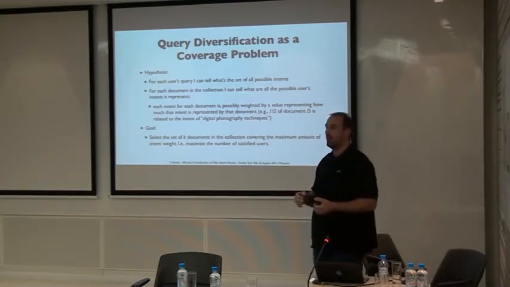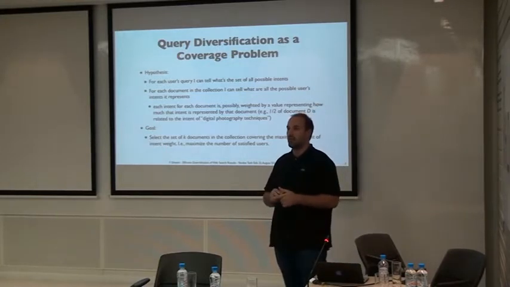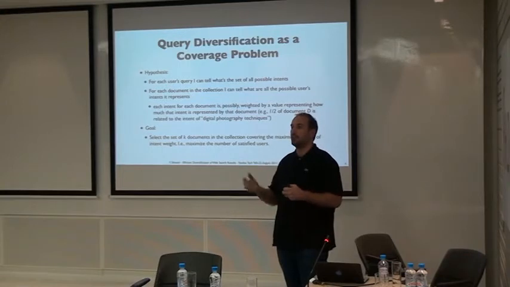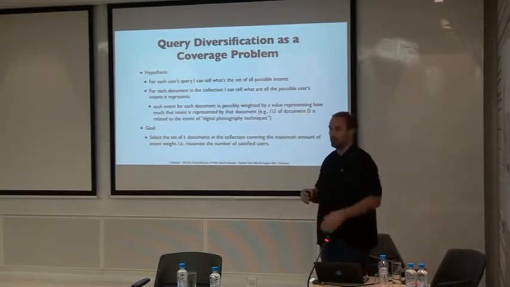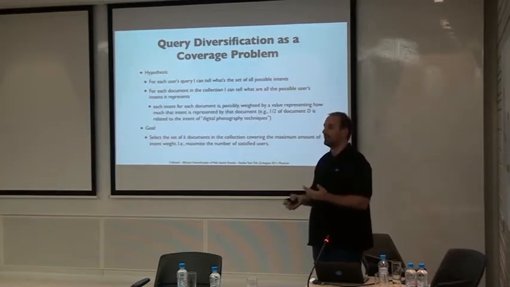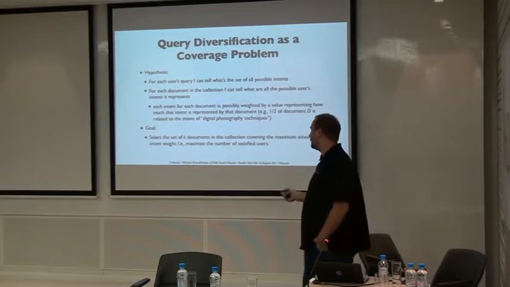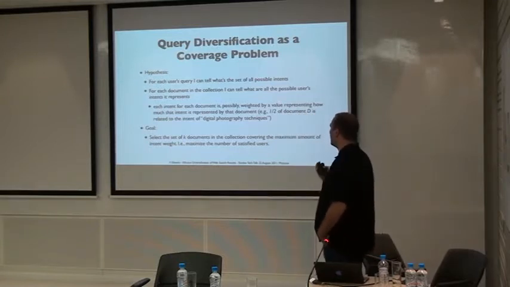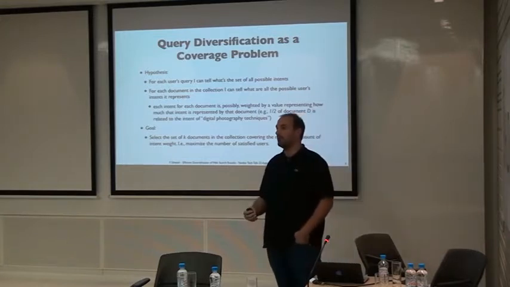Basically, you have a user query, and for each user query, you can tell what's the set of the possible intents behind. So this is mandatory. You have to know what are the possible intents behind the query. Remember this because this is important.